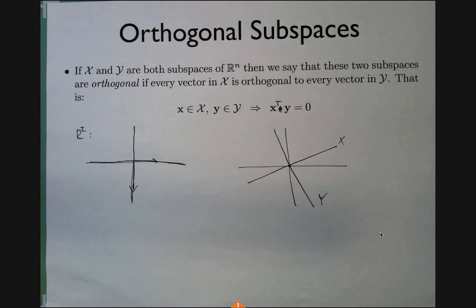What about in 3D? Some examples of orthogonal subspaces involving plane and line. You can imagine you have a plane, which is a 2D subspace in 3D, and if you take the line perpendicular to it, the line normal to the plane, that would be an example of orthogonal subspaces of different dimensions.